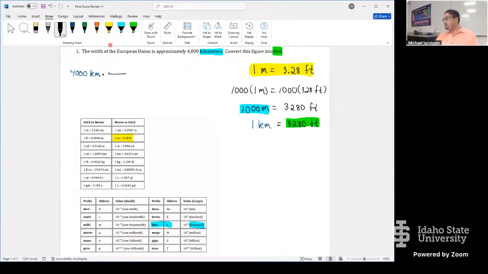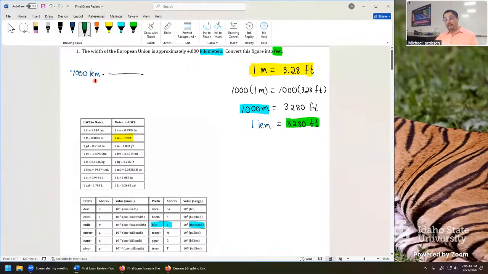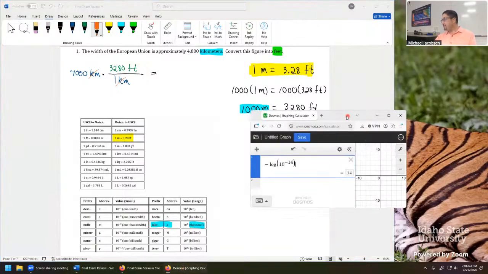Take this 4,000 here, multiply it by, we want the kilometers to cancel out, so we should put 1 kilometer in the denominator, 3,280 feet into the numerator. This causes kilometers to cancel out, and now we just have a unit that's in nothing but feet. So back to this calculator.